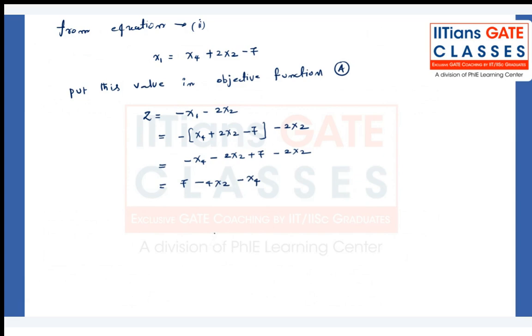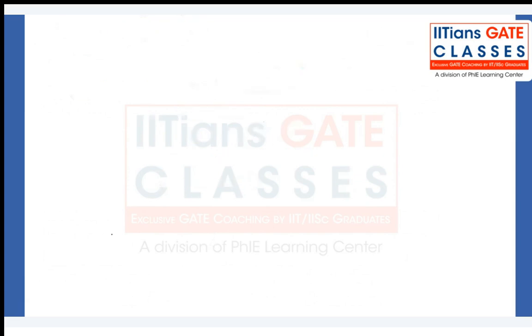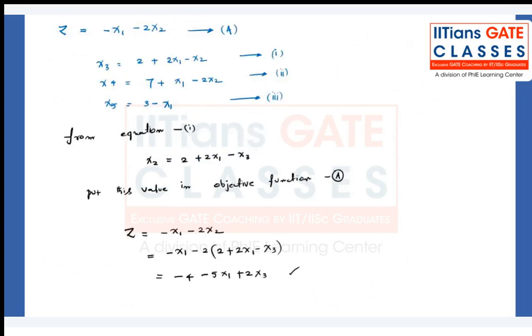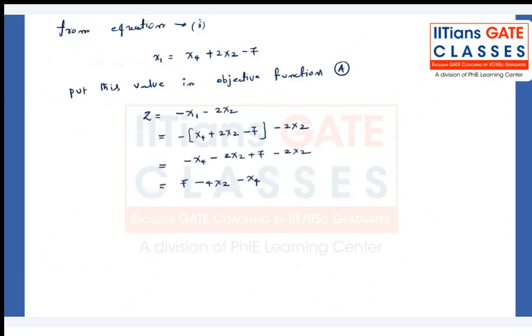Right. Now let's take equation number 3. What is equation number 3? Now let us go back. Equation number 3: x5 is equal to 3 minus x1.